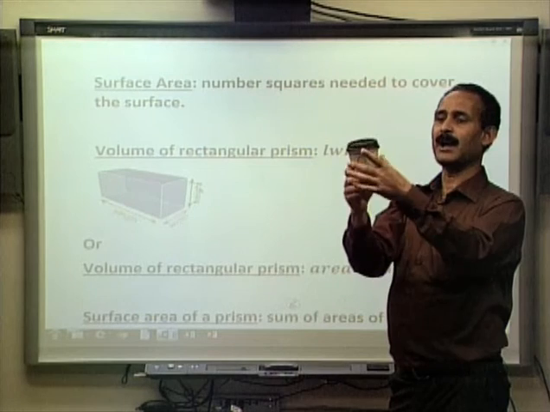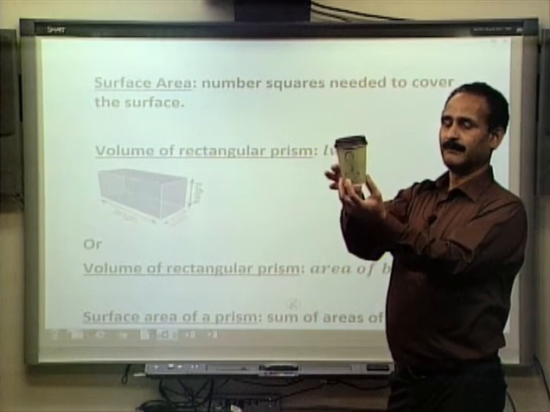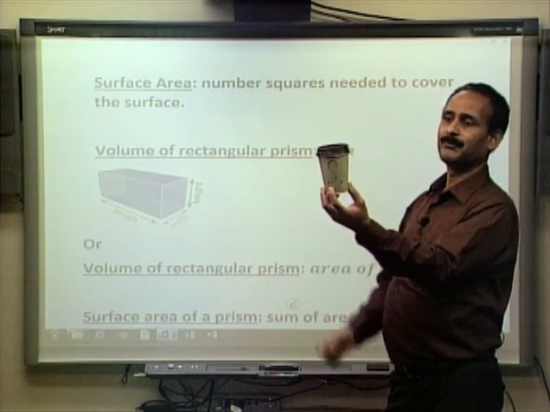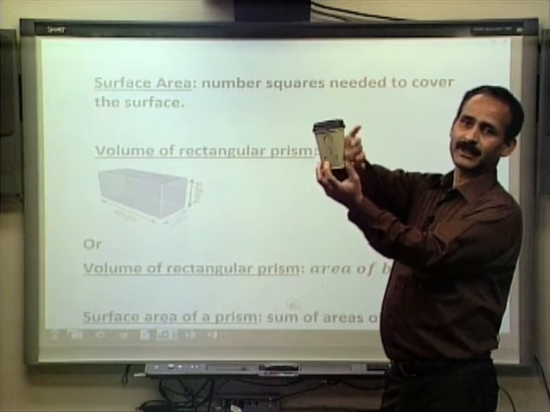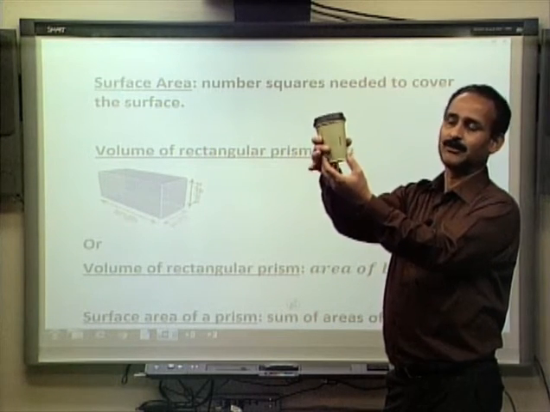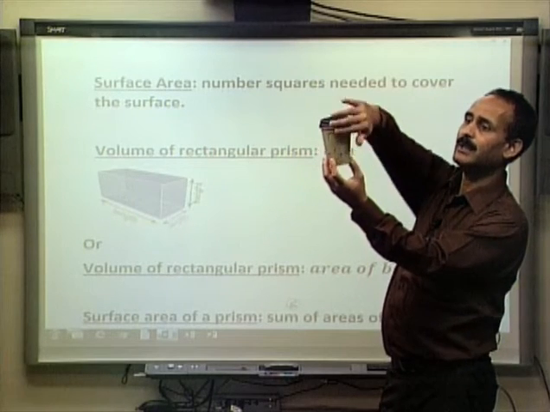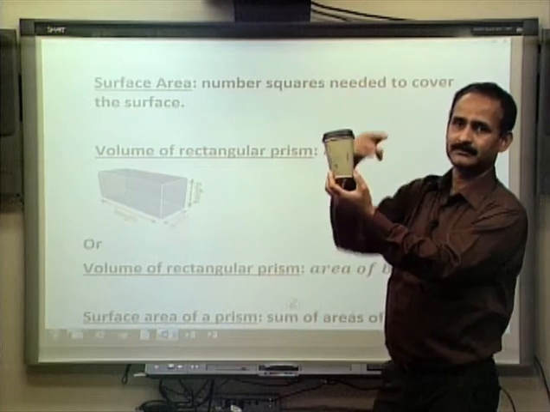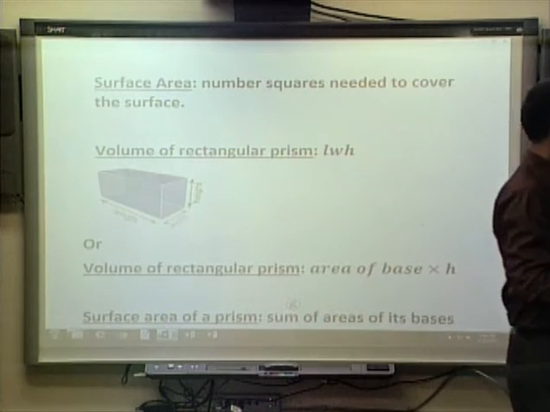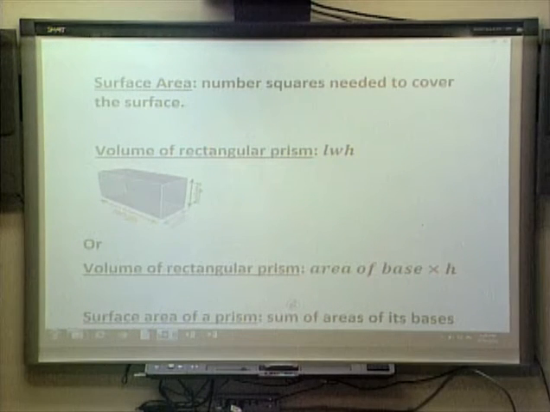The surface area of this coffee cup is nothing more than the area of the material used to construct this cup. So, we are just looking at the area of the surface. Okay.